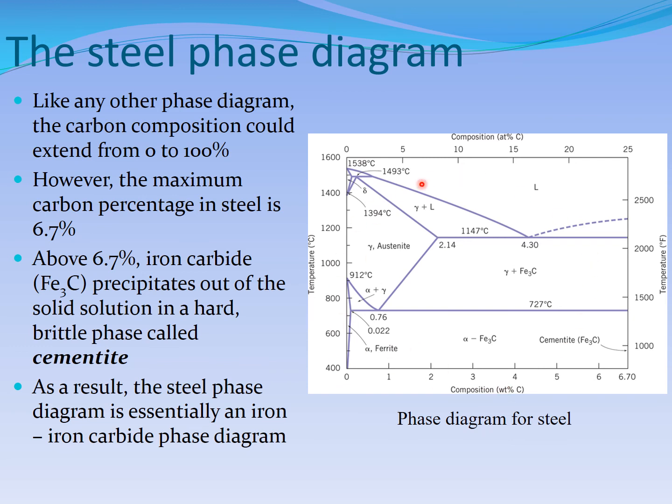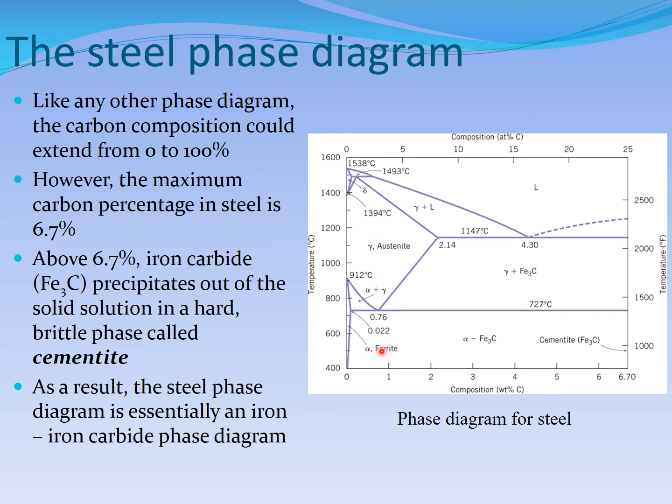So this is the diagram, you know that. This is the eutectic point, liquid to two solids. This is the eutectoid point, one solid into two solids. And as I reminded you, iron near room temperature is alpha ferrite phase. Above this 727 Celsius, gamma austenite phase. Above this 1493 Celsius, delta ferrite.